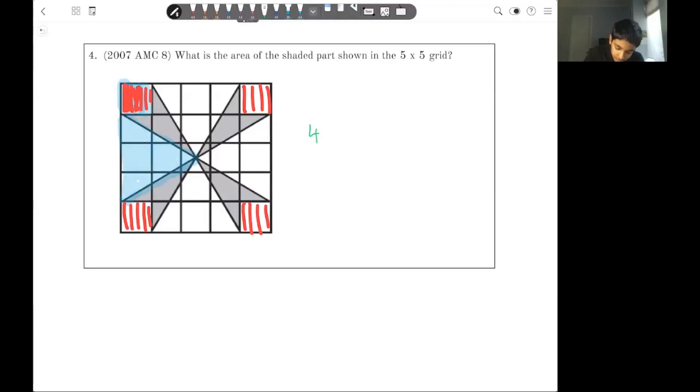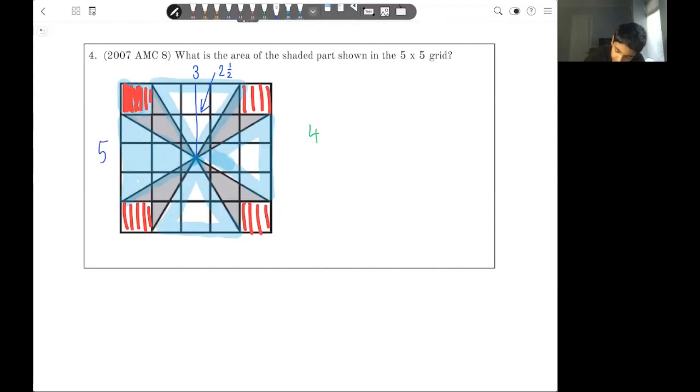And now let me mark the blue regions, these blue regions here. So what is the area of these blue regions? Well, we can just take the height times the base. So the base is just going to be 3. The height is just going to be 2.5. Because this whole thing is 5, right?